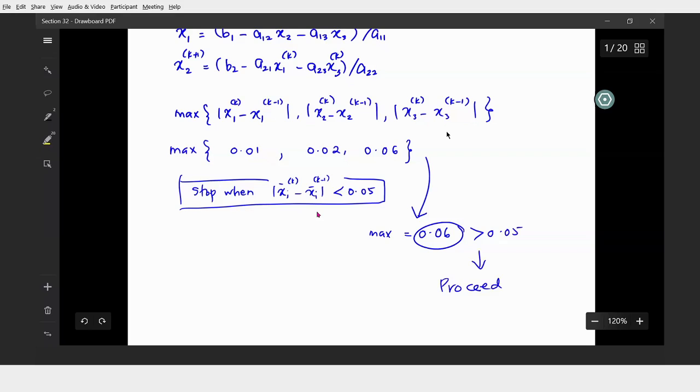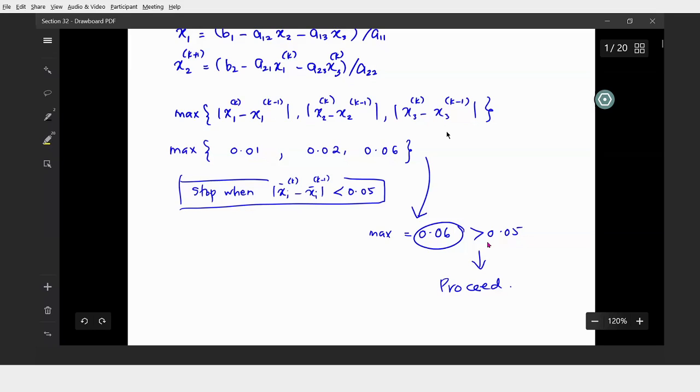You cannot stop yet. Even though the difference between two consecutive x1 is already less than 0.05, and the difference between two consecutive x2 already satisfies the stopping condition, the third one is still greater than 0.05.